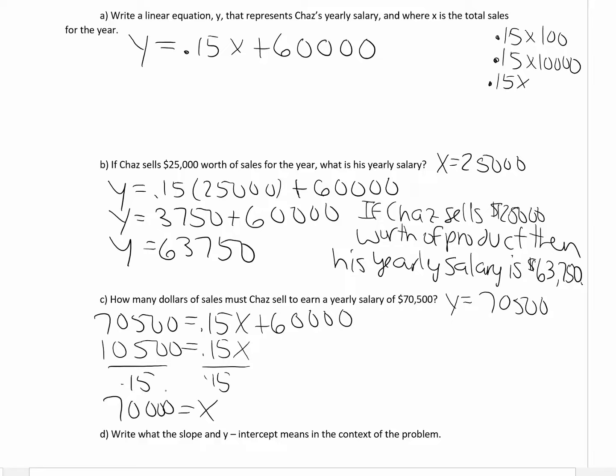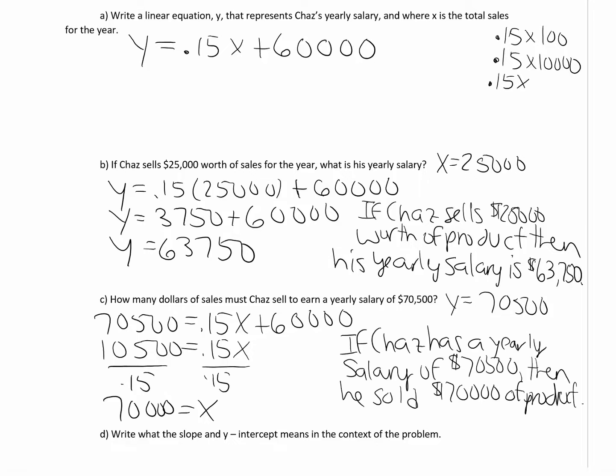We'd have to sell $70,000 worth of product. Let's write a sentence to summarize this. If Chaz has a yearly salary of $70,500, then he sold $70,000 of product.